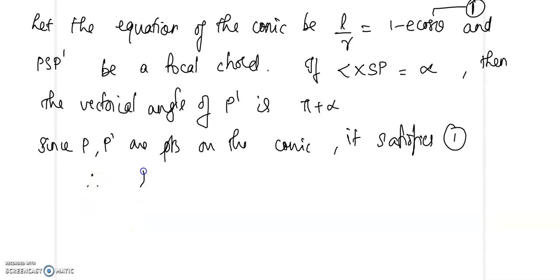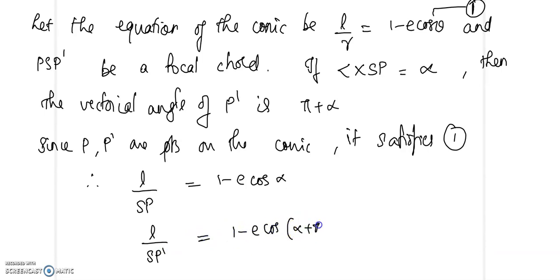So therefore L by SP will be equal to 1 minus e cos alpha, and L by SP dash is equal to 1 minus e cos(alpha plus pi). Now cos(alpha plus pi) will be equal to minus cos alpha, so we are going to get 1 plus e cos alpha.